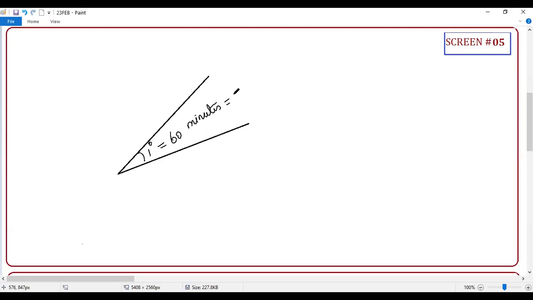And 1 minute equals what? Same like a clock, student, 60 seconds. So 1 degree equals 60 minutes, and 1 minute equals 60 seconds.